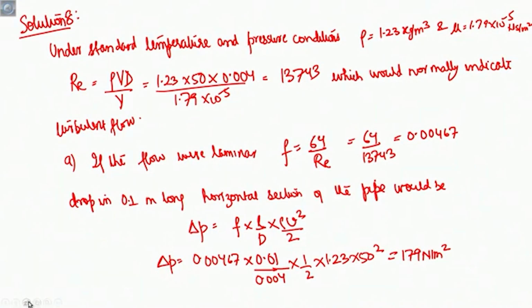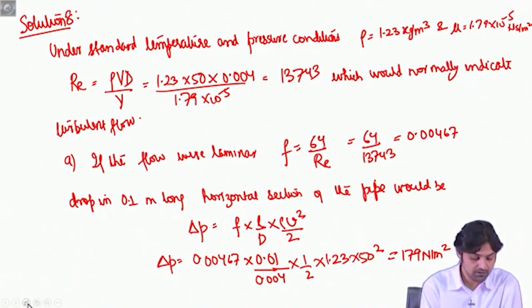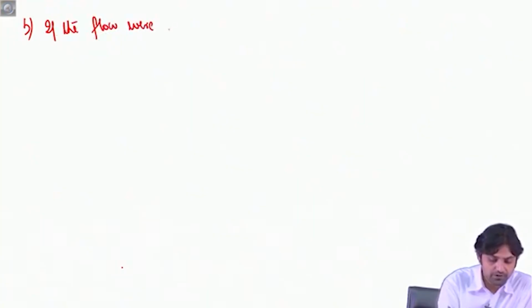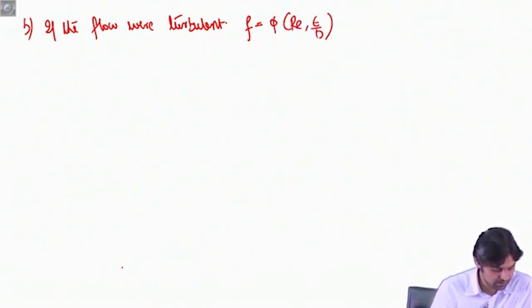So, we could have actually used directly the formula for delta P, but now before we go to the next part, it says if the flow were turbulent, then f is a function of Reynolds number and epsilon by D.